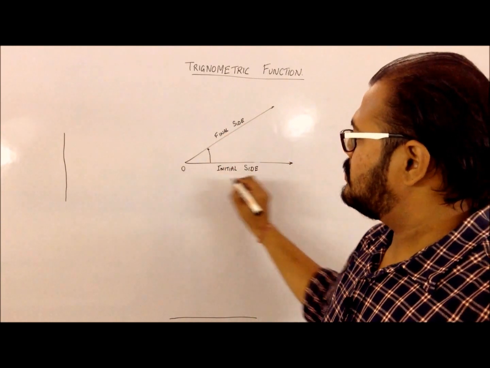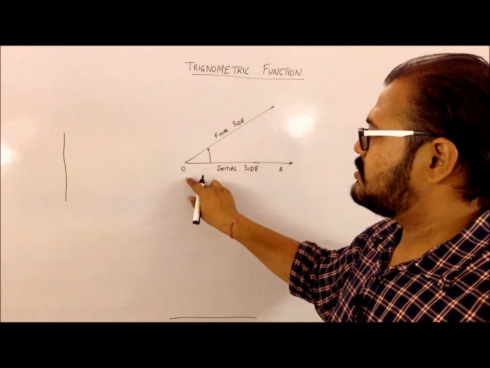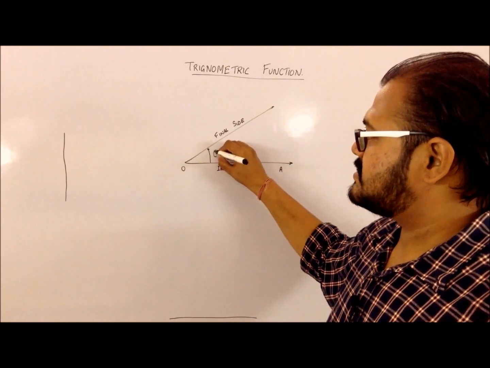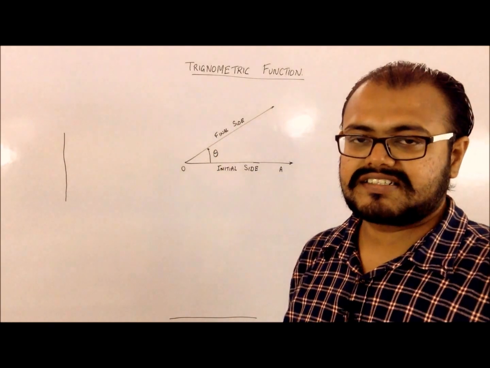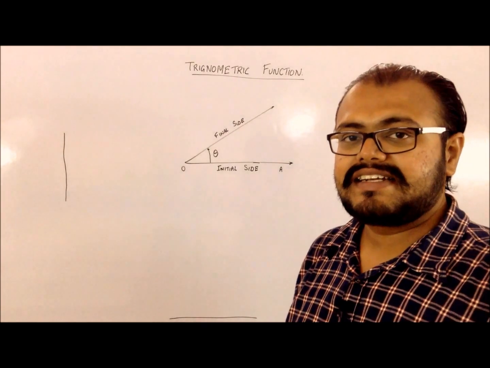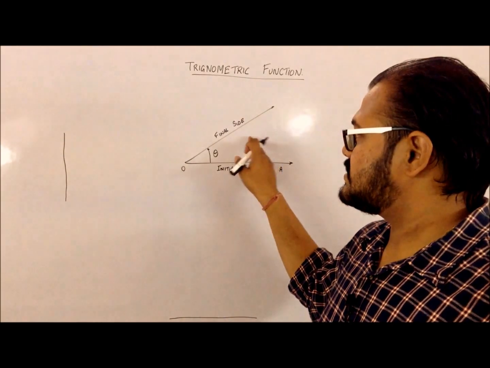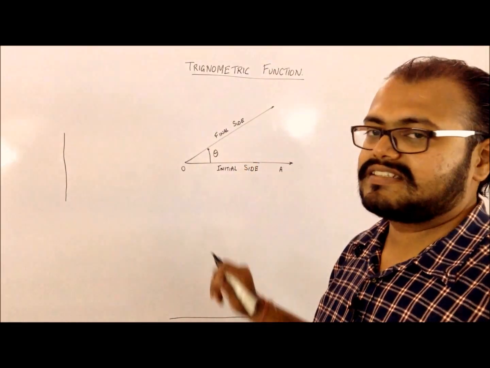So if my OA, which is the initial side, is going to turn about O in this direction, in the anti-clockwise direction, and make an angle theta, then that theta is basically the angle between the two rays, that is the final side and the initial side.